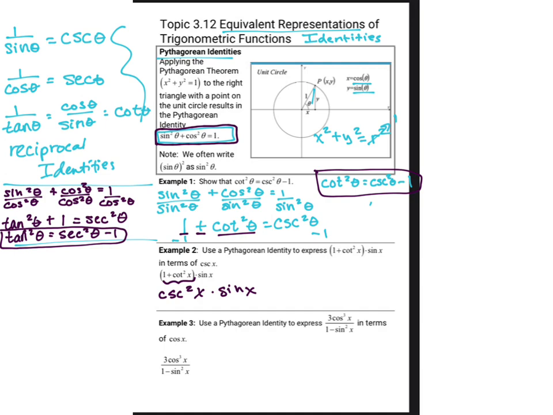And what is cosecant? 1 over sine? So this is actually going to be 1 over sine squared x times sine x. You can cancel one of the sines with this top sine, and I have only 1 over sine x, which is now cosecant x.